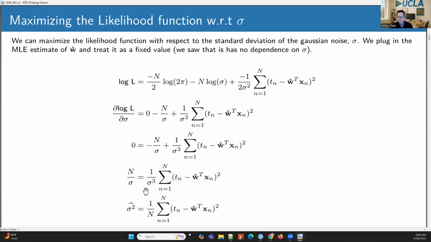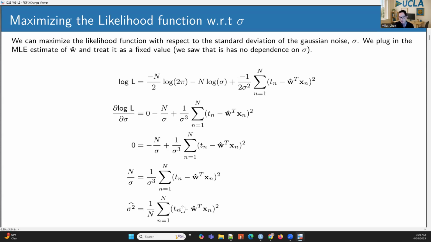If I divide both sides by n, on the right I'll get 1 over n times this. This is the term of sigma squared where our derivative is equal to 0.